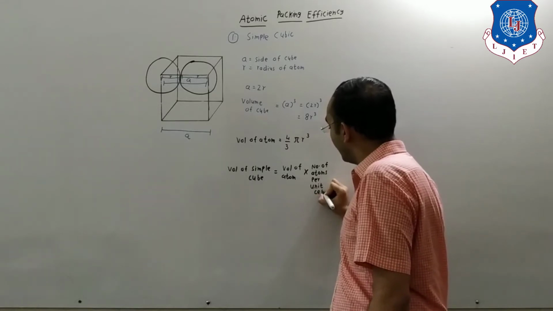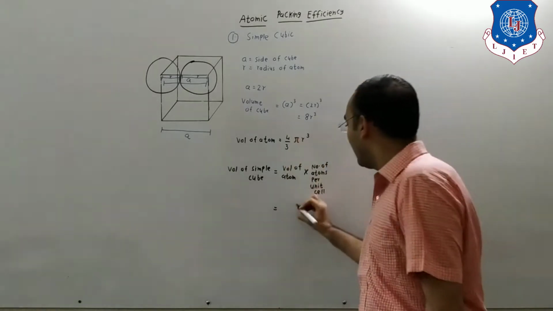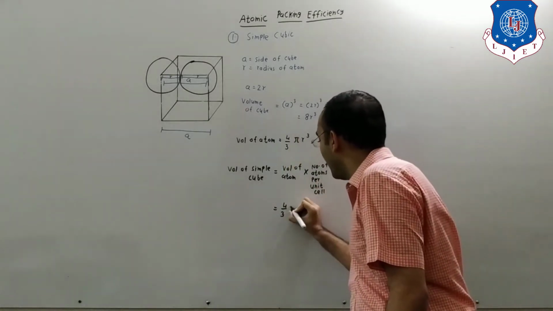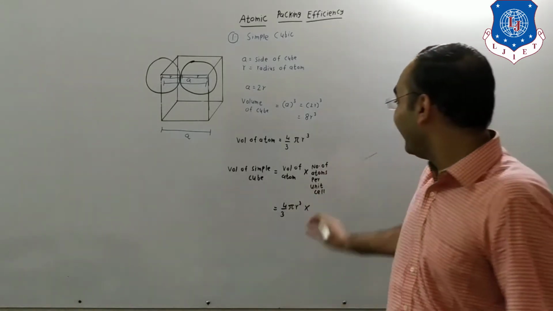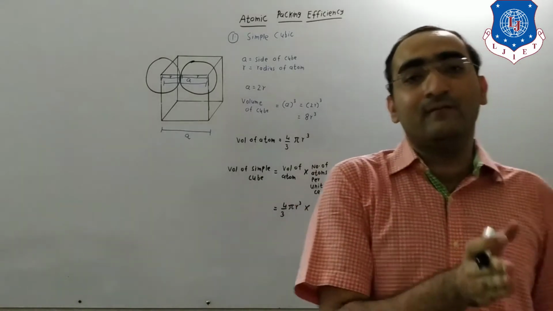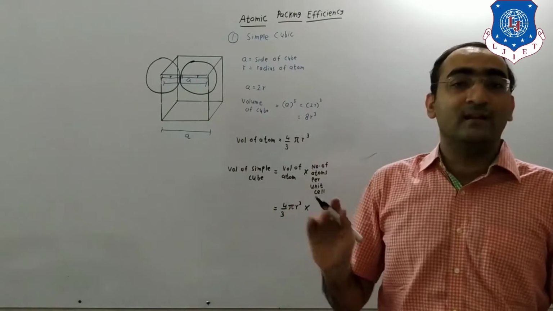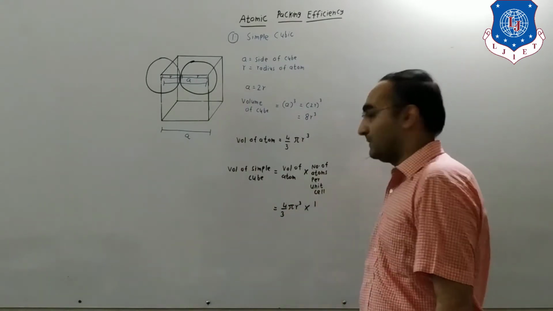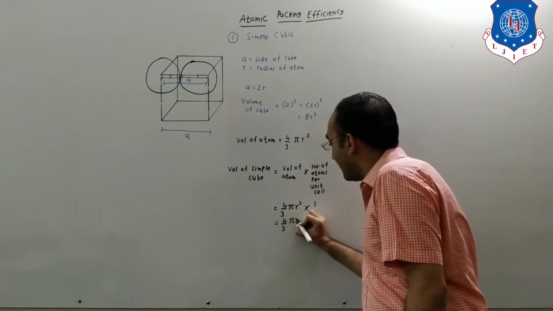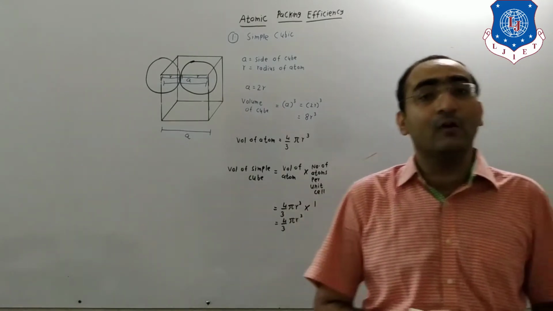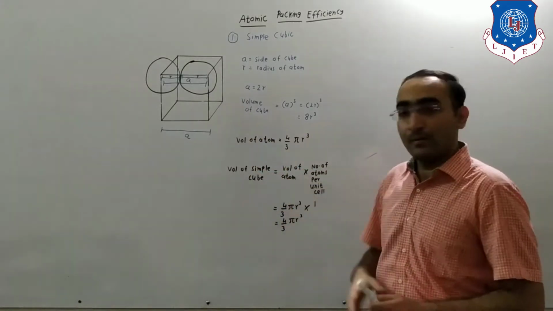The volume of an atom, as we have found, is 4 by 3 pi R cube, multiplied by the number of atoms per unit cell. In the previous lecture we saw that in simple cubic the number of atoms per unit cell is only 1. So the answer will be 4 by 3 pi R cube. So we have found the simple cubic's volume. We now have the cube volume and the simple cubic volume.